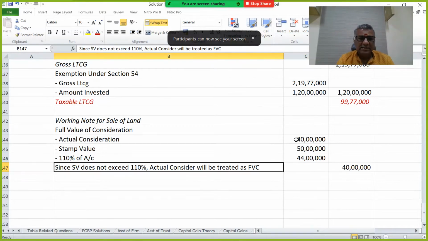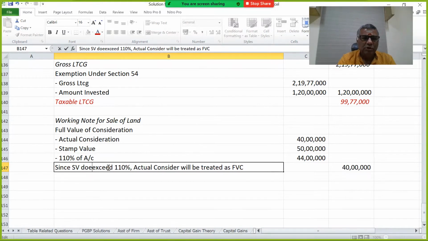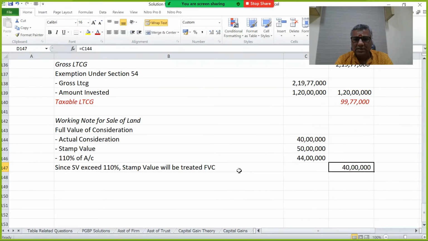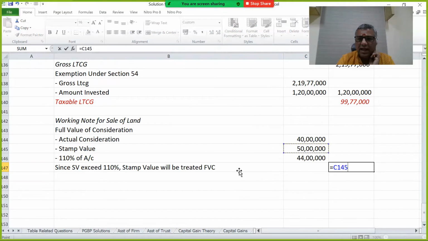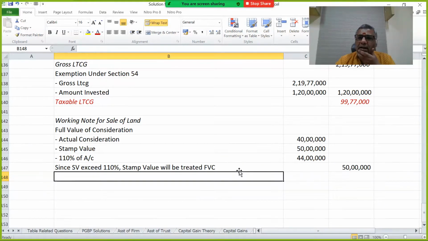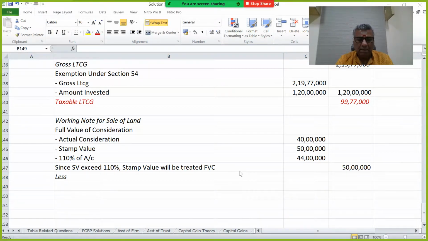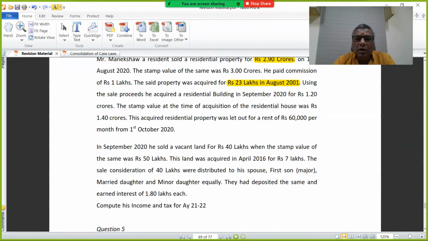Here, since stamp value exceeds 110%, stamp value will be treated as full value of consideration. So you will take 50 lakhs. Stamp value will be taken as full value of consideration.